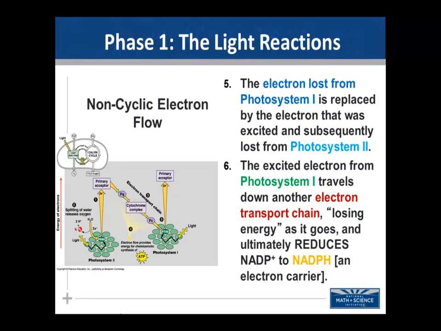Again, losing energy, so to speak, as it goes, being able to power the movement of protons against the gradient to build up a concentration gradient. And ultimately, that electron reduces, or is added essentially, to NADP+. And when that electron and its corresponding hydrogen are added, we get a molecule called NADPH.